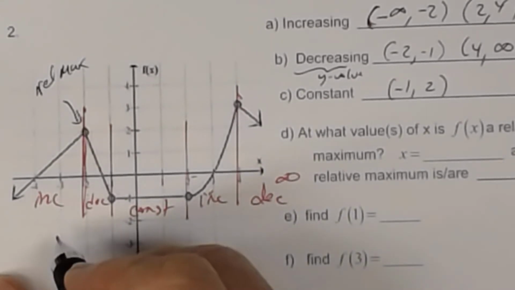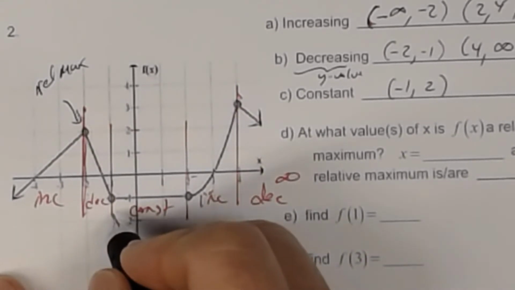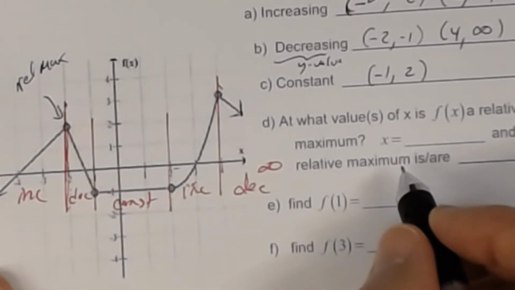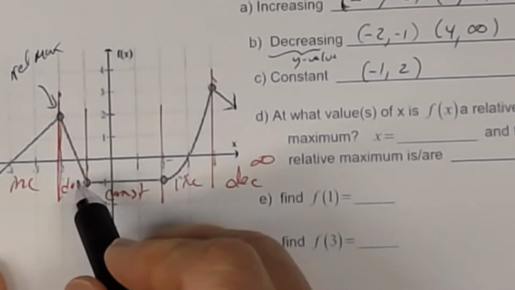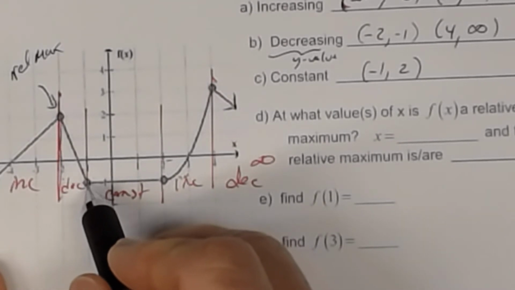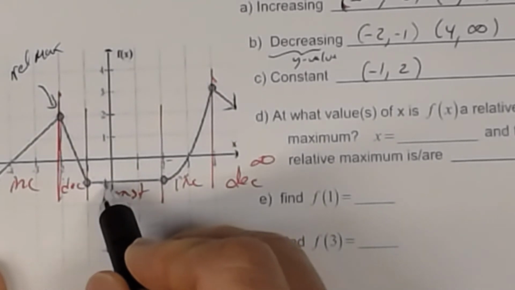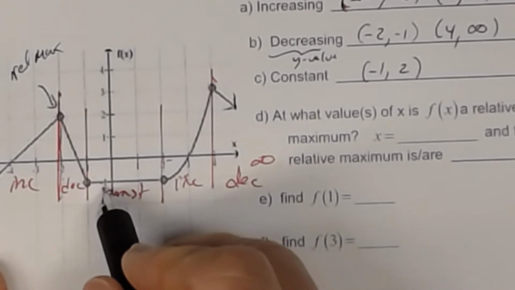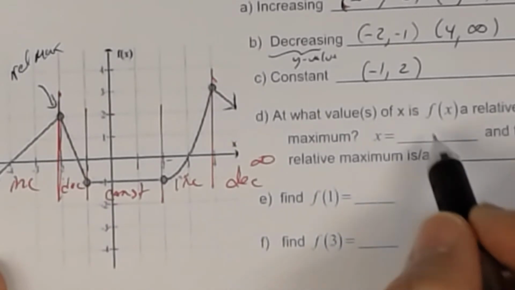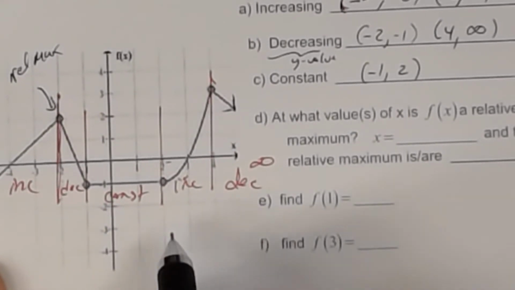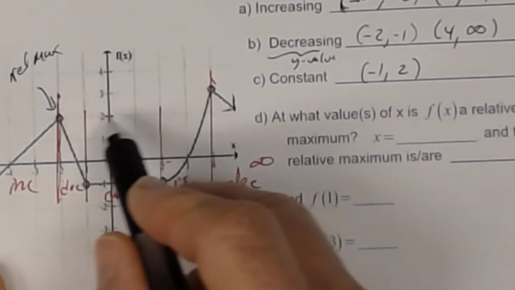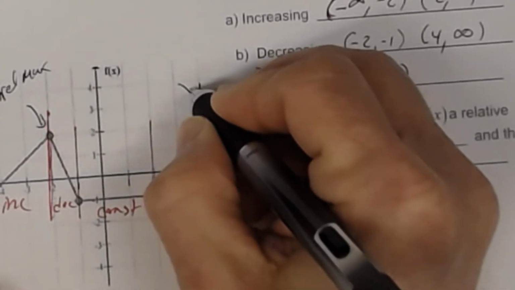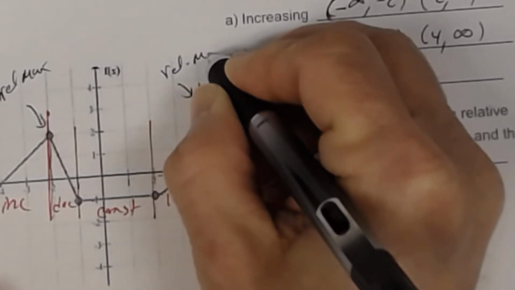Relative min is when you go from decreasing to increasing. In some textbooks, this would not be considered a relative min because you have all these constants right here. So that's not considered a relative min, and I didn't even ask for it. All I asked for was relative max, and there are two places, here and here. I'm going from increasing to decreasing, so this is also a relative max.